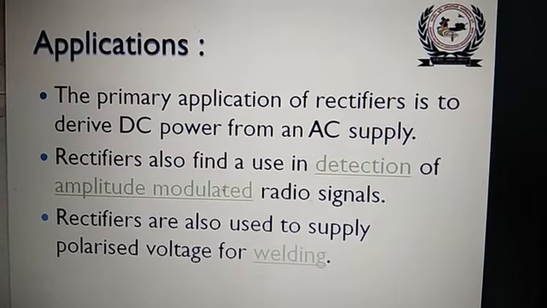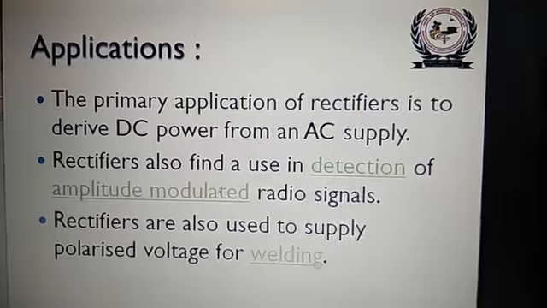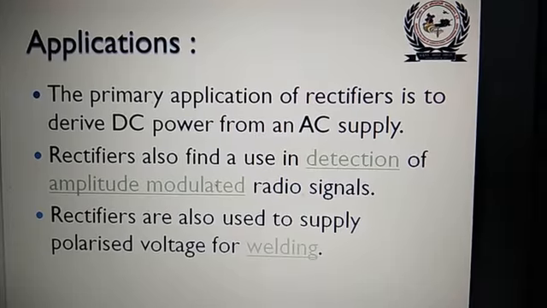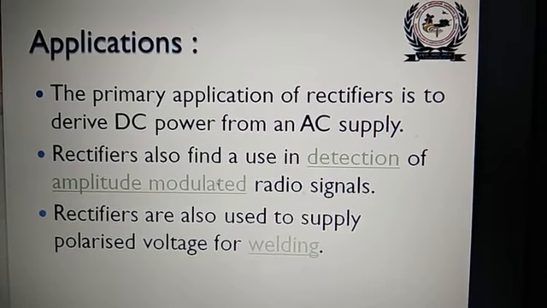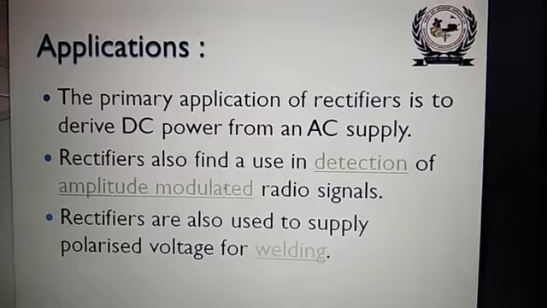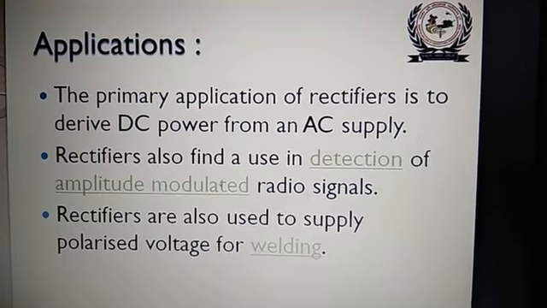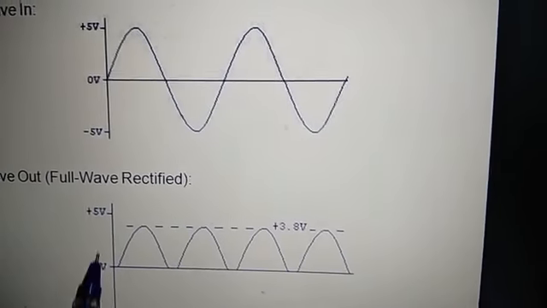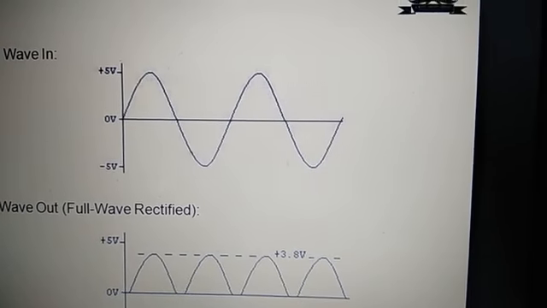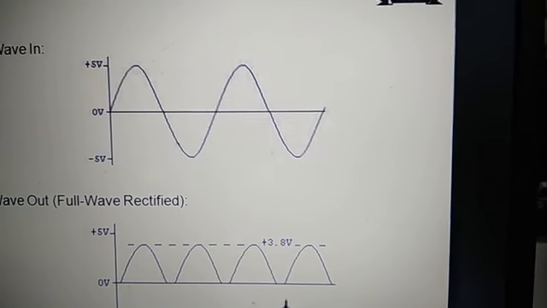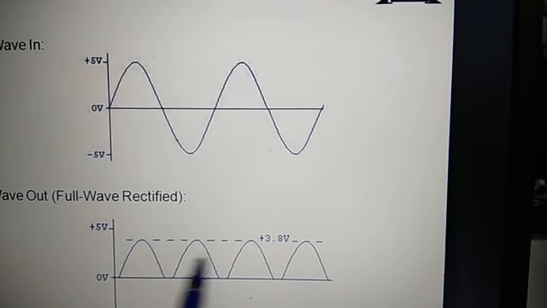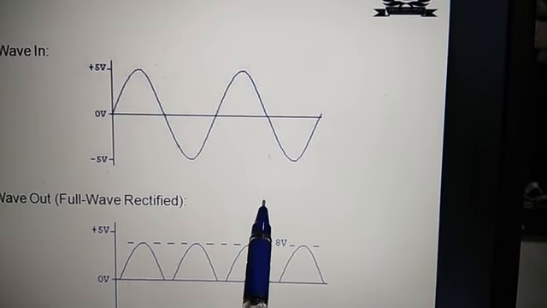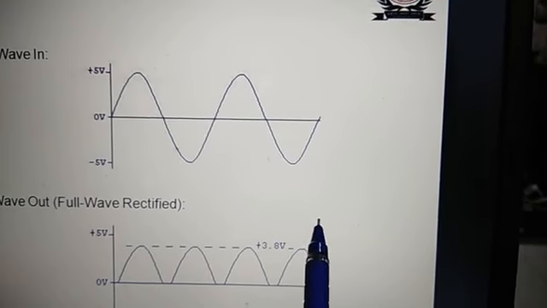So the expected questions about the rectifiers we have already seen. Next time we will go to the topic of filters. After the rectifier we will use the filters. What happens? This waveform which you are getting here is somewhat AC in nature. That means ripples are present here, and the efficiency of this is 82.6%.